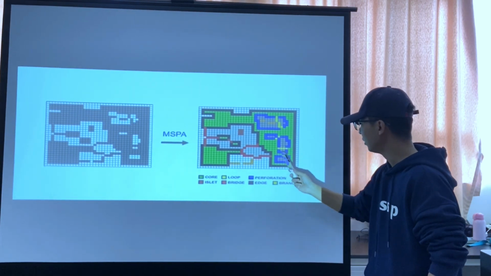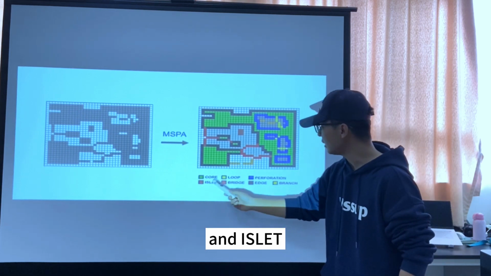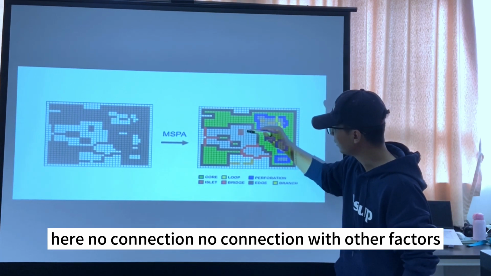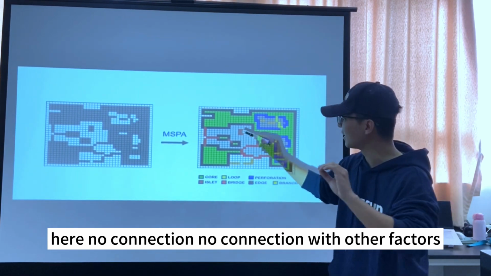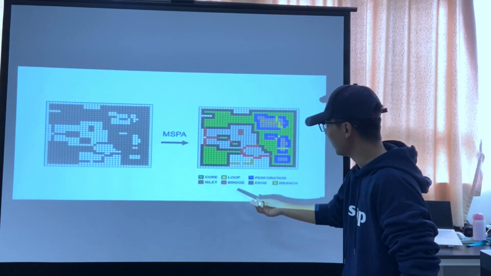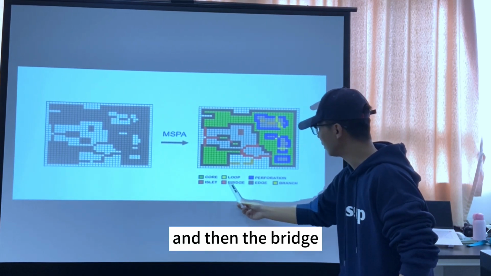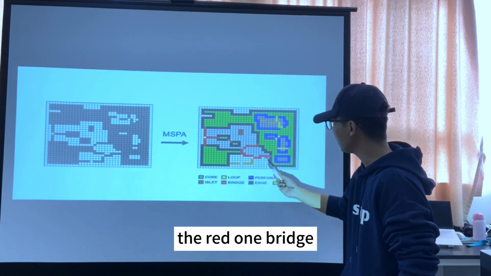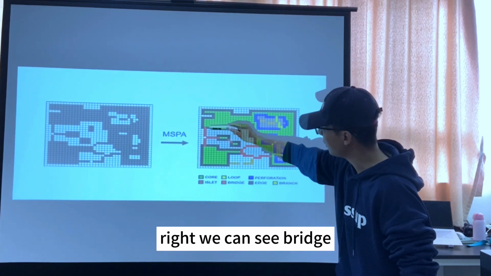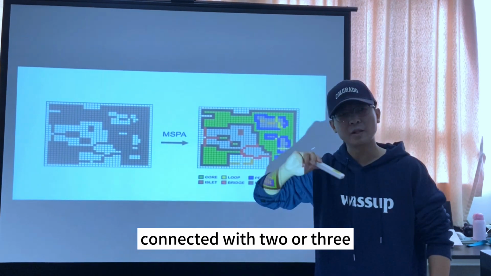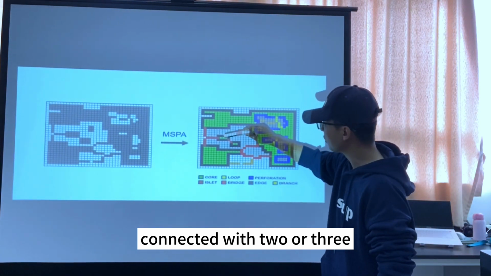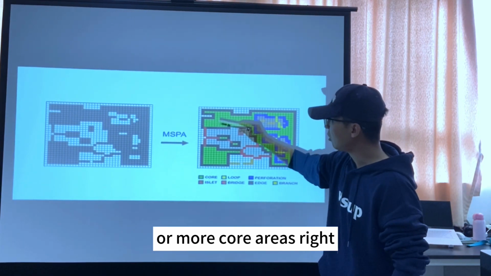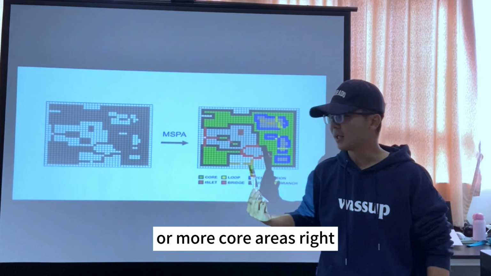And islet has no connection with other elements. And then the bridge, the right one. We can see a bridge connects 2 or 3 or more core areas.